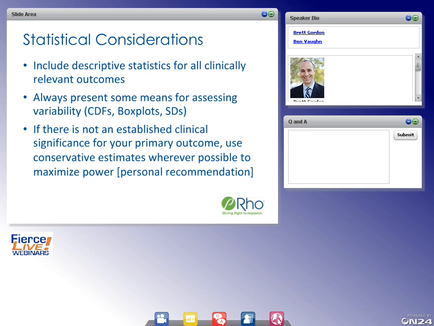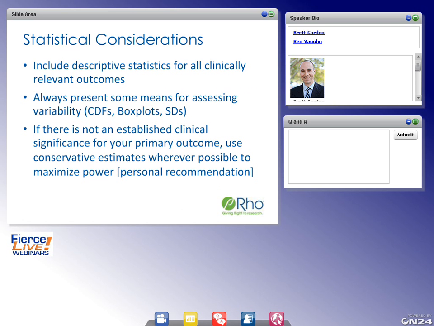For example, SPIDs. There's not a really good clinical significance already established. And so if you use a conservative estimate, like Brett was saying earlier, you can kind of get away with buying a p-value. Now, you can't lie to the agency. You can't report much larger standard deviations than what you actually saw when you're doing your power calculations.